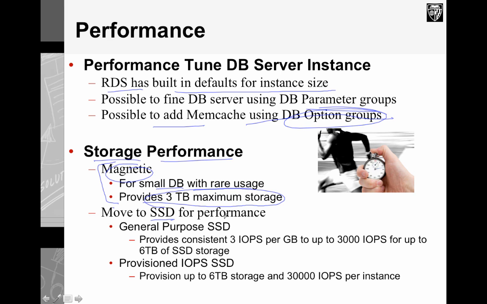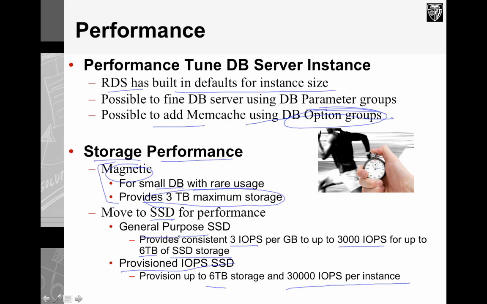In terms of the SSD, for performance, you have two choices. You have general purpose SSD, which can go all the way from 3 IOPS per gigabyte to 3000 IOPS for up to 6 terabytes of SSD storage. If you go with provisioned IOPS, then you can go up to 6 terabytes of storage, but you can get up to 30,000 IOPS per instance.